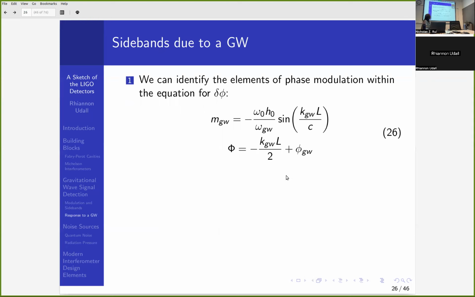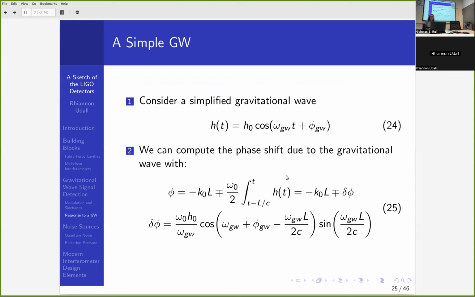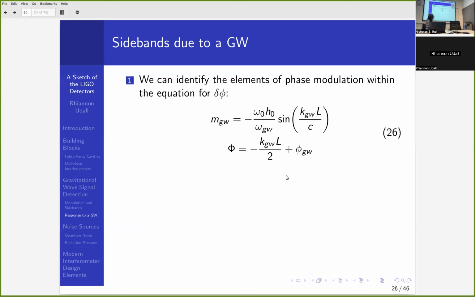That's the phase shift of going down the arm once, and it has to be for a reason we'll get into in a second.